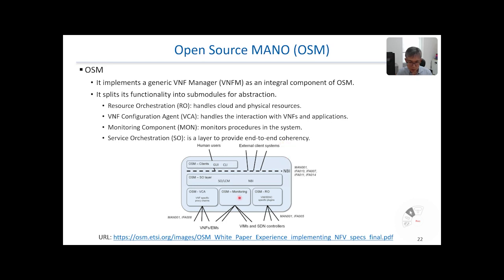So you can see each module has an interface interacting with outside entities. For example, in the OSM monitoring case, they connect to the VNF, the VIM, or the SDN controller for SDN networks. You click this one, you can get more information about this part.